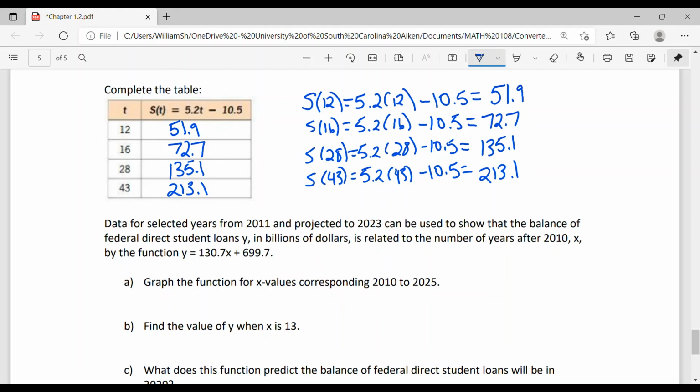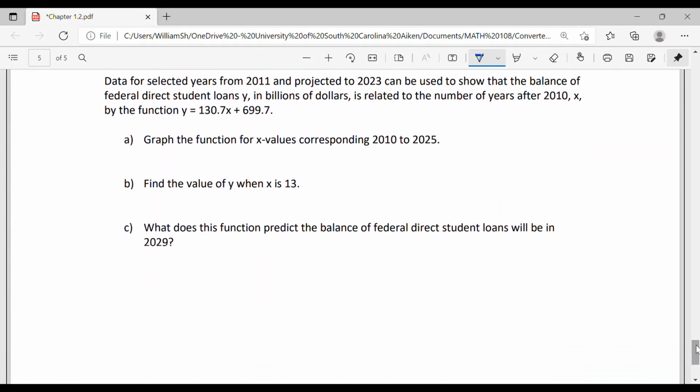You can graph the function, and then you can do second calc x value, and you could type in those x values and they'll find it for you as well. This one honestly is straightforward enough where you could just put the numbers in just like we did and calculate it out by hand.